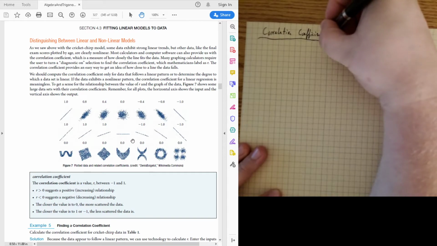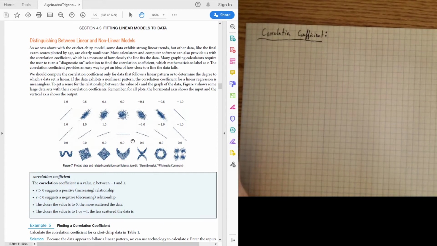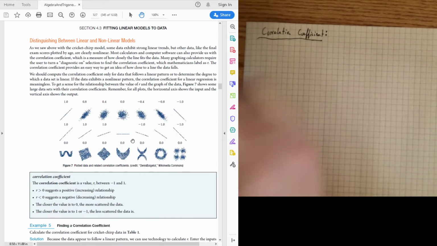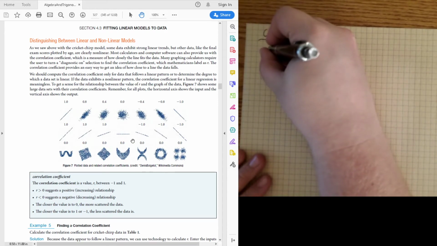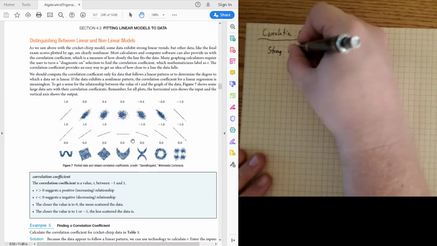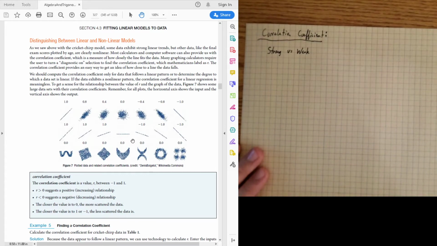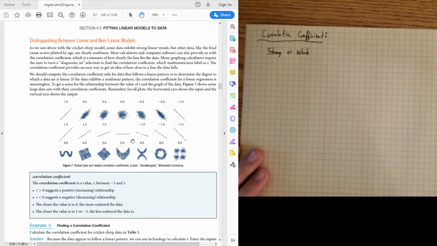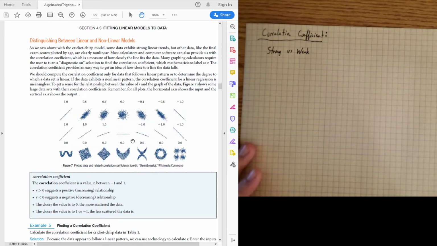If you've ever seen any news articles or watched the news or read any kind of information about data, they often talk about this term called correlation. Now, in a lot of news, they'll talk about strong versus weak. However, in math, this is terrible because strong means different things to different people.